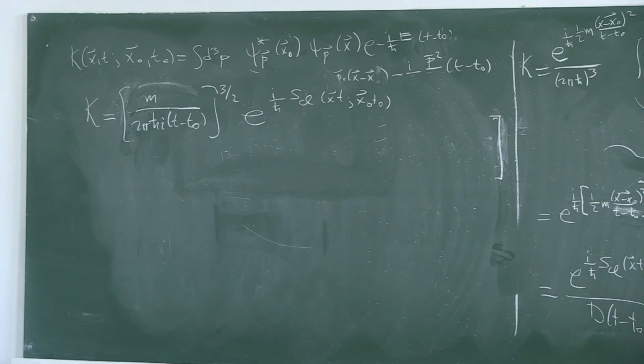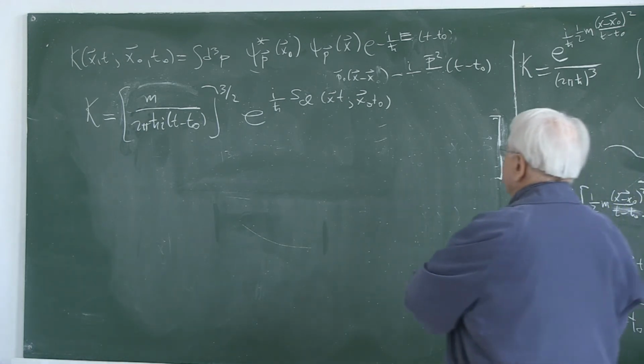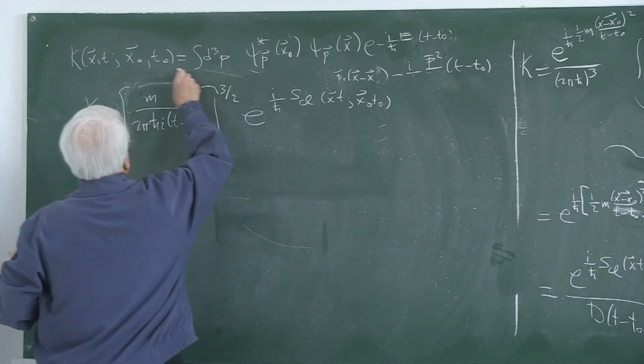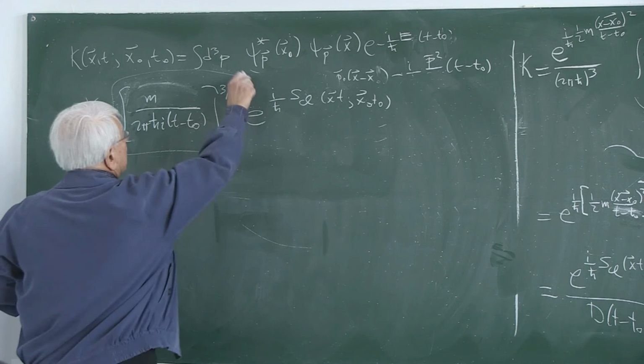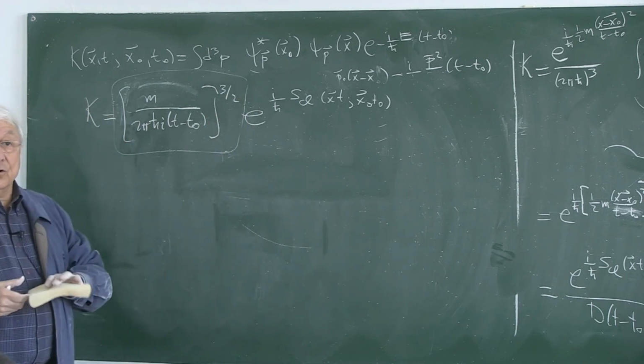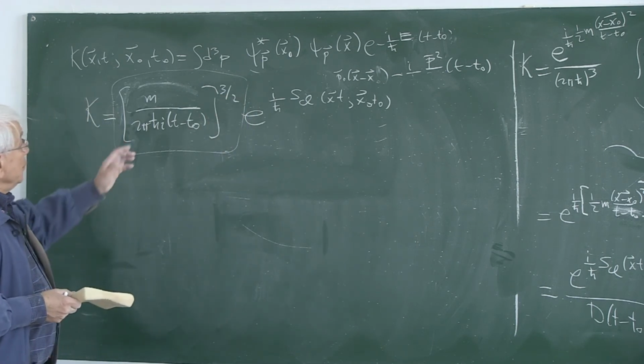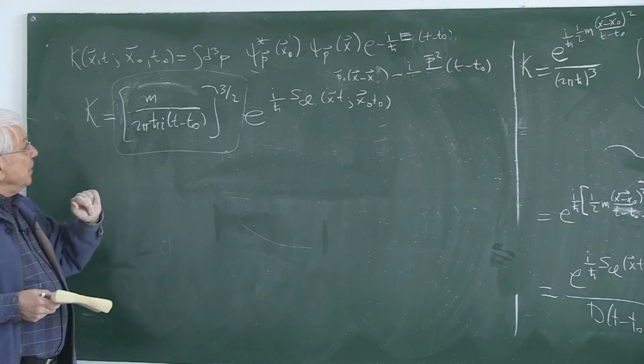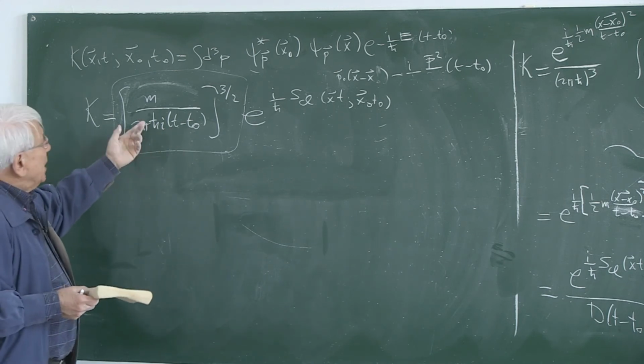And you may say, okay, it's some kind of achievement. Notice this factor: in more advanced discussions in field theory, this is the so-called determinantal factor. It's important. It depends on t minus t0 in this fashion. 2 pi h bar is h itself.